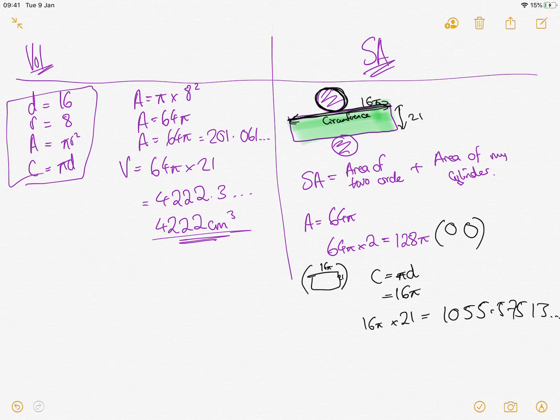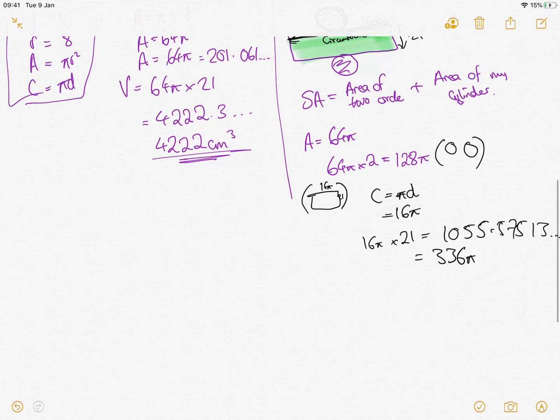Or actually, let's get more accurate. That is 336 pi. So then my final answer, I can do 336 pi add 128 pi, because this is my two circles, this is my rectangle, which gets me 464 pi.